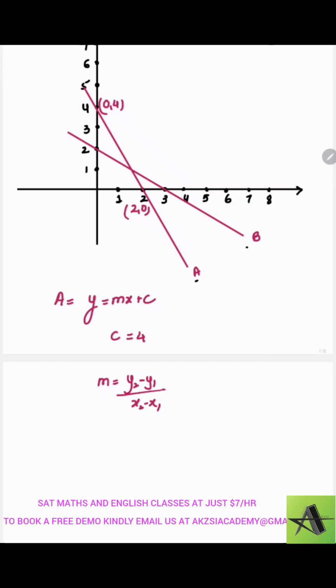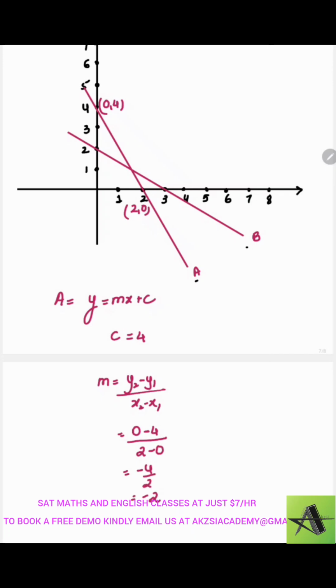You can pick any coordinate as x1, y1 and another as x2, y2. So let me select this one as x1, y1 and this one as x2, y2. So y2 is 0 minus 4 over x2 is 2 minus 0. This will give you minus 4 over 2, that is negative 2.